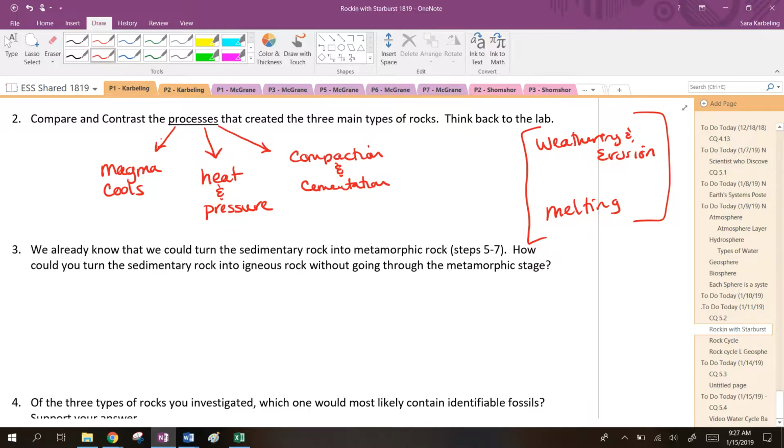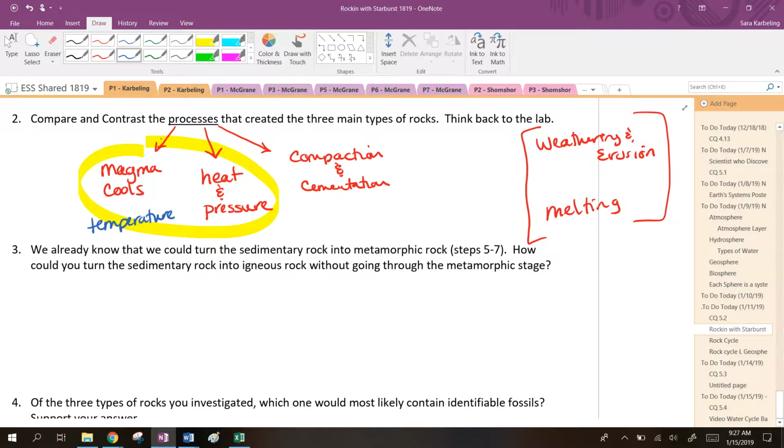So these both have to do with temperature, right? So these 2 over here are both related to temperature. Heat and pressure causes that metamorphic rock to get warm. What about for igneous? Is that getting hot? It's getting cooler.